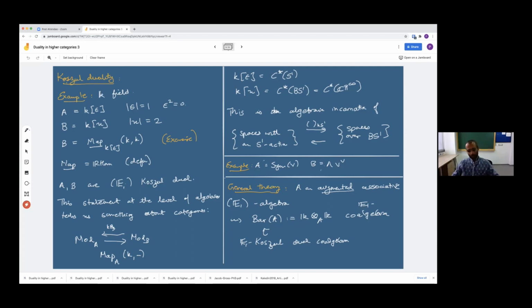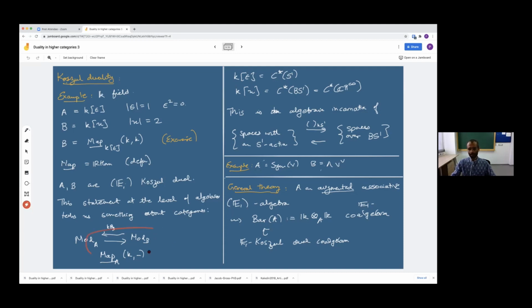So you have the mapping complex from K to blank, mapping mod A to mod B. And you have an adjoint functor to that, which I could have left as an exercise. You can figure out the adjoint once you know that it exists. Actually, the existence of the adjoint is a formal consequence of the adjoint functor theorem, because this mapping space preserves all limits, and these categories are presentable. But then you can also explicitly compute the adjoint.